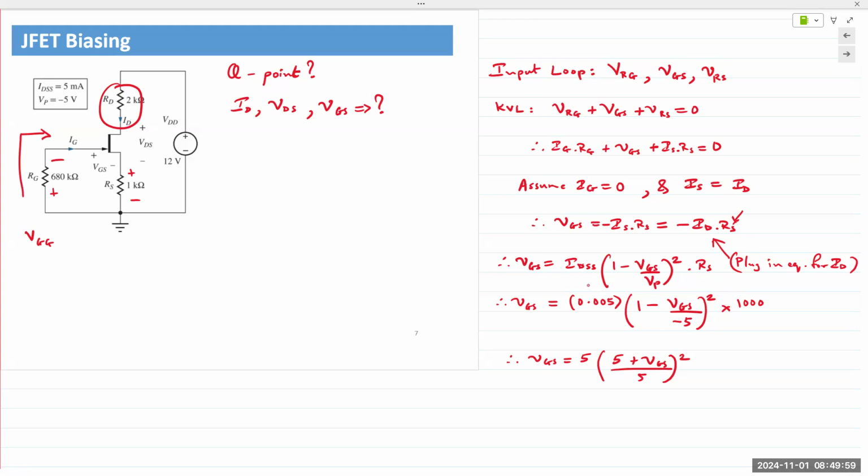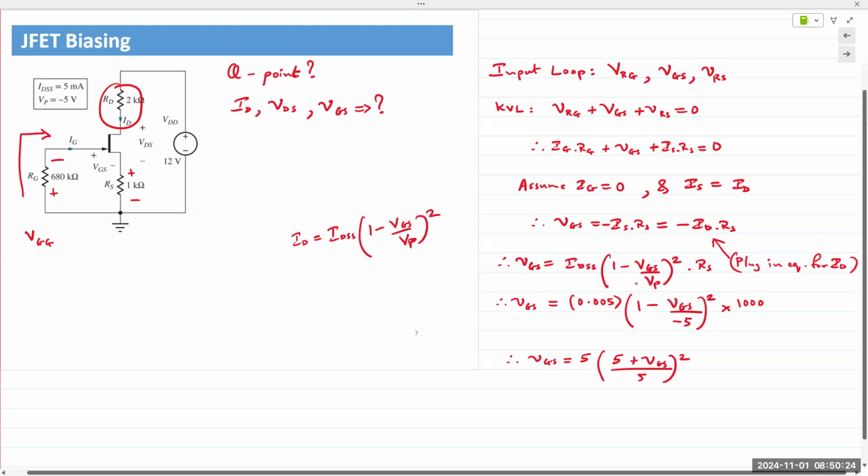We have this equation right here where VGS is equal to minus ID times RS, right? And ID is given by IDSS times (1 minus VGS over VP) whole square. You plug this into this equation and you obtain this.